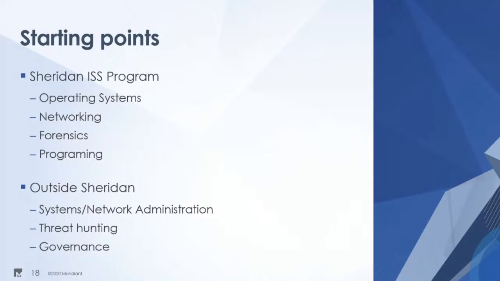I made this for maybe you want to come into this field and it wasn't as a fresh graduate, or you've been doing something else. There's different ways in. If you come in with system or network administration, those are huge skills that can translate into incident response. Threat hunting is a very close brother.